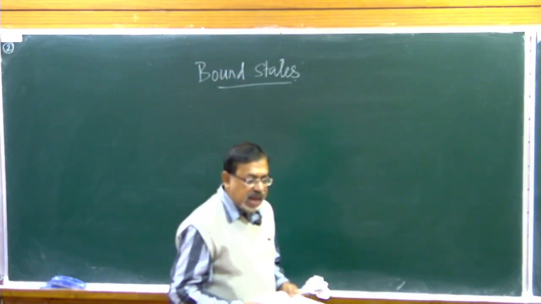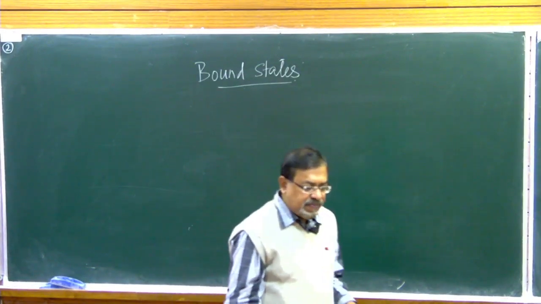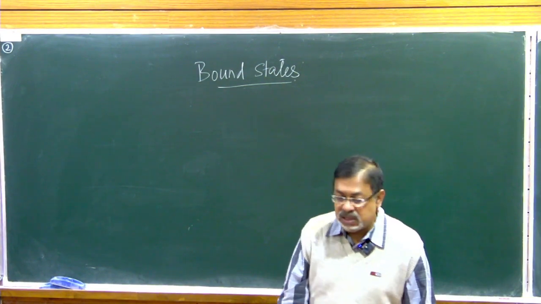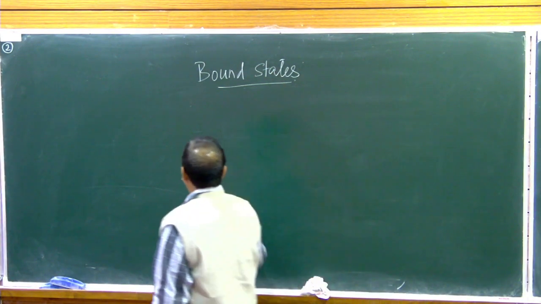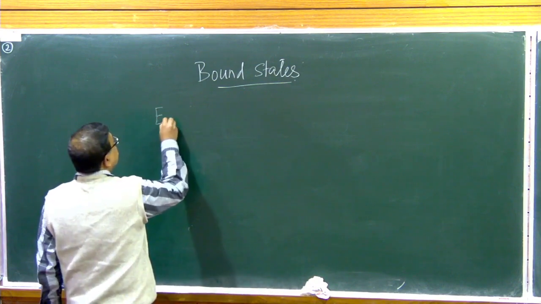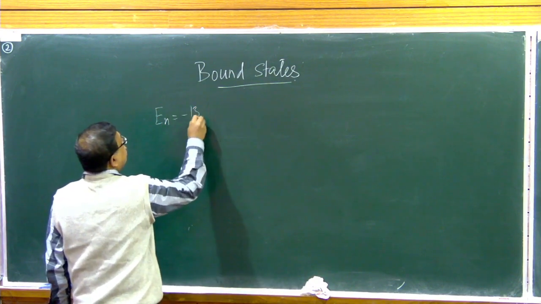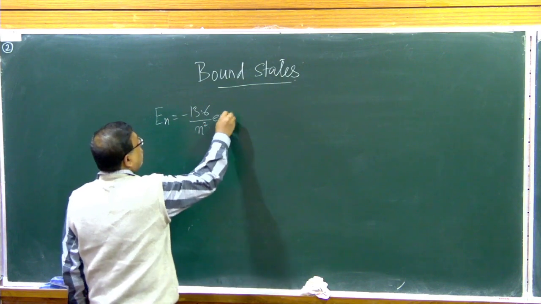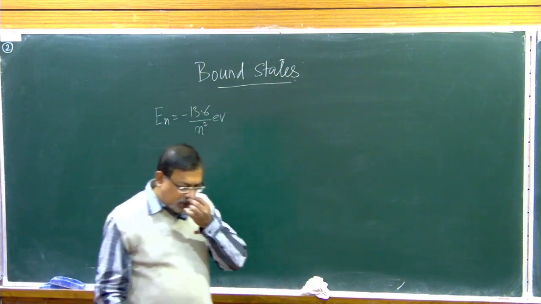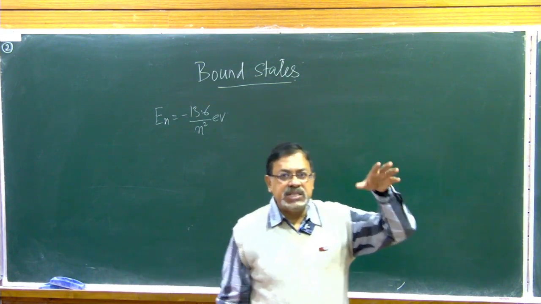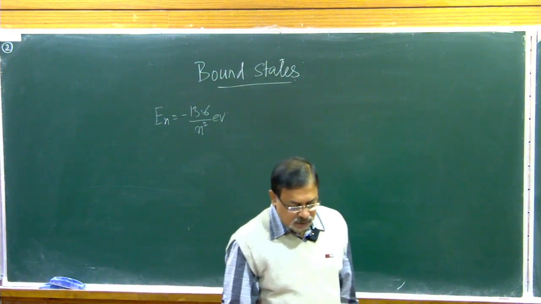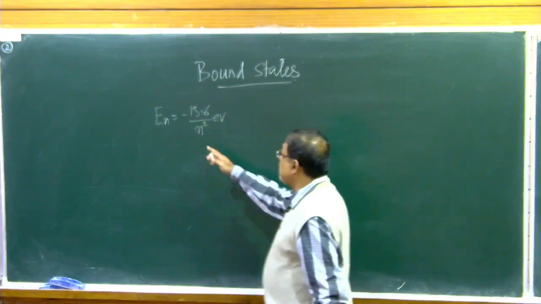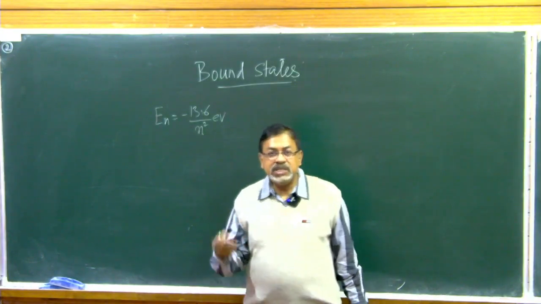You might have seen in the hydrogen atom that the energy levels of the electron are given by minus 13.6 divided by n squared electron volts. These are the electronic energy levels in various quantum states for an electron in a hydrogen atom, and n tells you which state it is in.